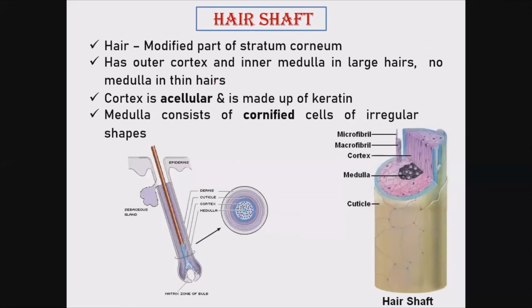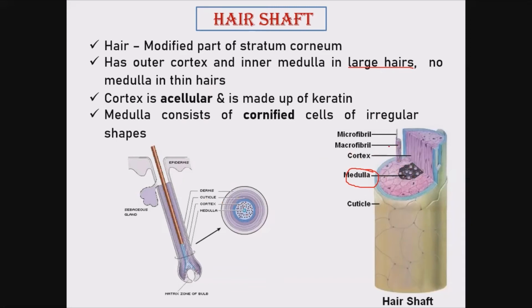If you take the hair shaft and do the staining, you will find that if we cut inside, it has a core which is called the medulla. Hair is actually a modified part of the stratum corneum. It has an outer cortex and an inner medulla, especially in the large hairs. In thin hairs, the medulla may be absent. The cortex is completely acellular and is made up of keratin.